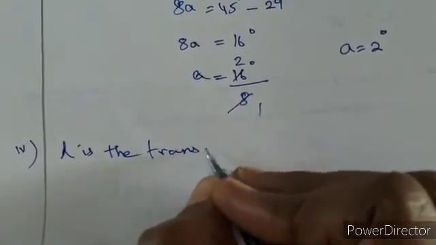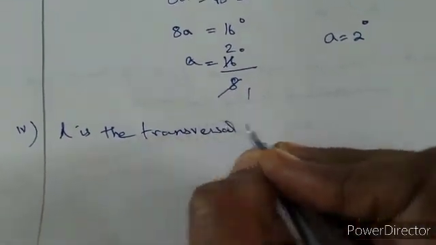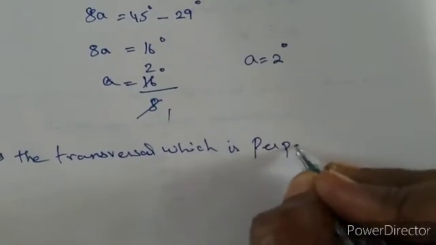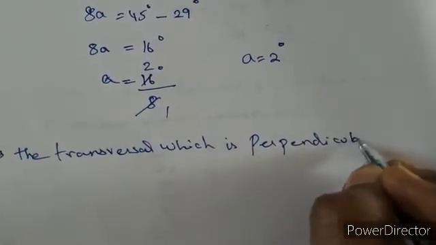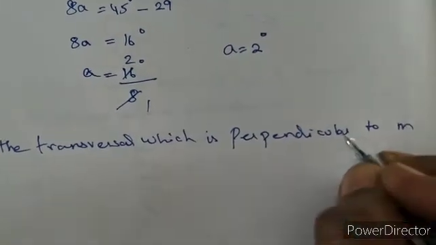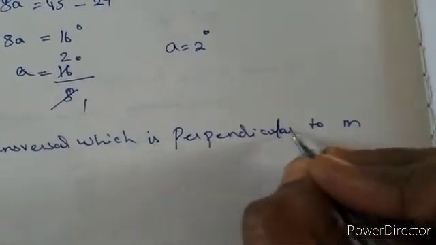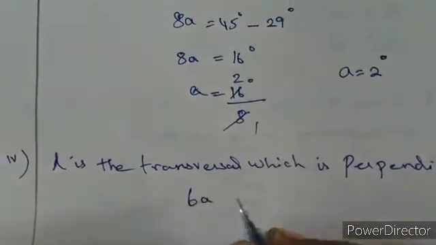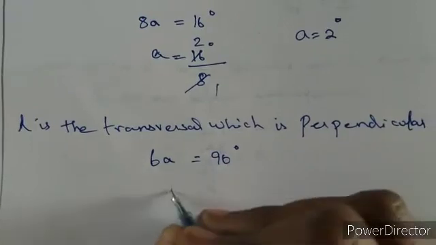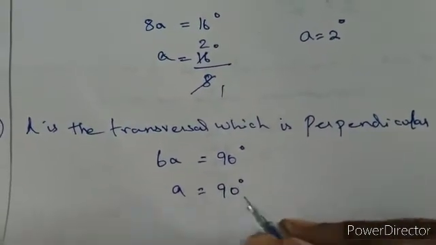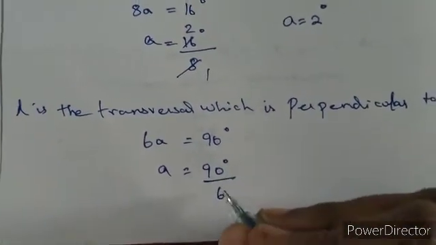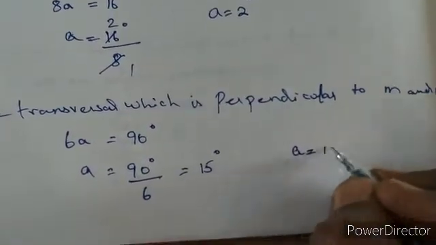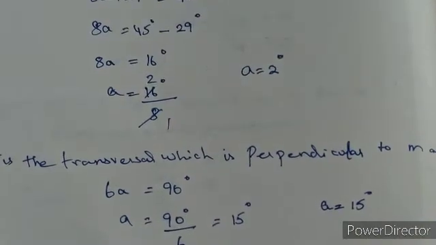L is a transversal which is perpendicular to M and N. So 6A equal to 90 degree, A equal to 90 degree divided by 6. If you simplify, you will get 15 degree. So A equal to 15 degree.